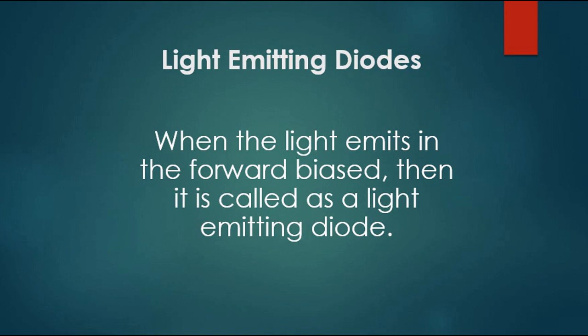That is called forward bias. That is the reason why it is said that when the light emits in forward bias, it is called a light emitting diode.